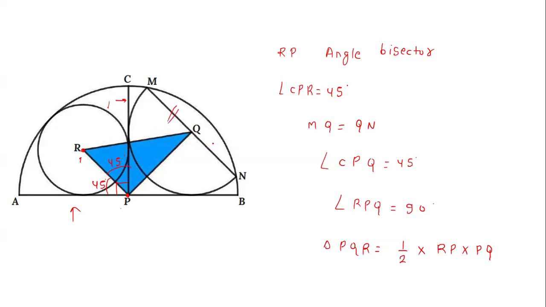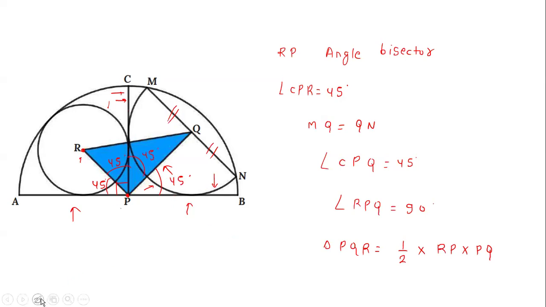And MQ is equal to QN because both are equal to the radius of this smaller semicircle. CP and PB are also tangent to this smaller semicircle and PQ is the angle bisector, so this angle is 45 and this angle is also 45.